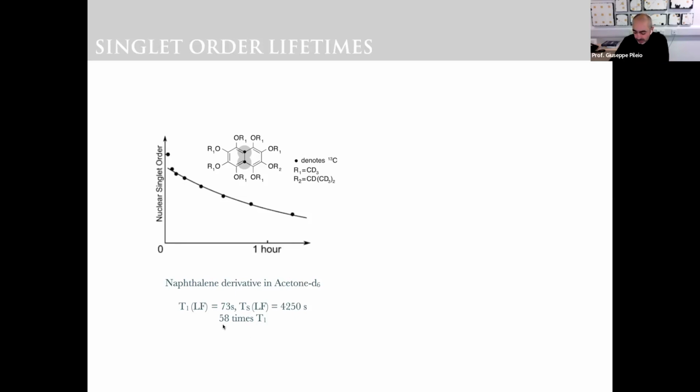Now, you can see this is a sort of artificial molecule. We prepared them on purpose, but there are a lot of naturally occurring molecules which partially satisfy these criteria. So they have long lifetimes in the sense that they are longer than T1, but how long obviously depends on how well those criteria are satisfied.